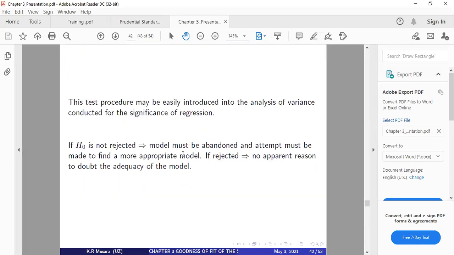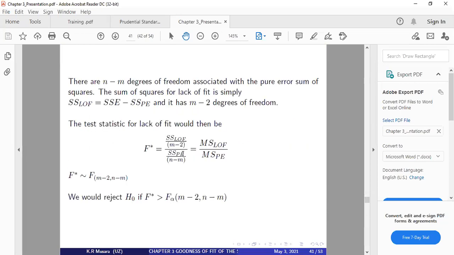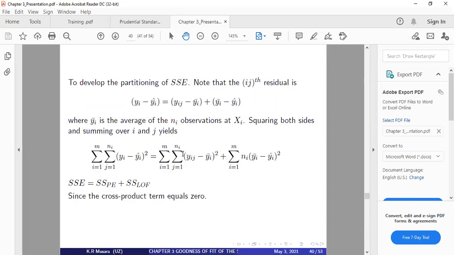I wanted to ask, is it that lack of fit and pure error are a breakdown of error? Yes, that's the breakdown of error. That's the sum of squares of error. Look at the one that I'm presenting now. Right, sir. Thank you, sir. Welcome. Any other questions, guys?